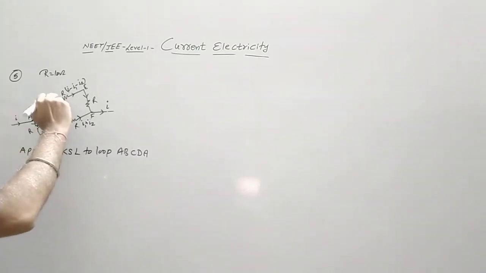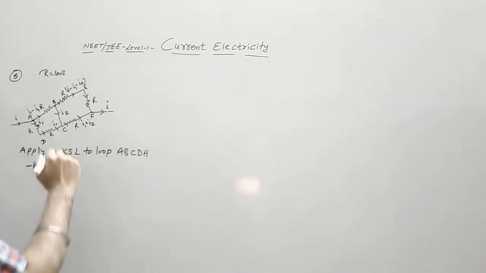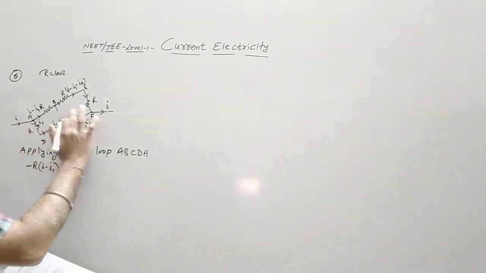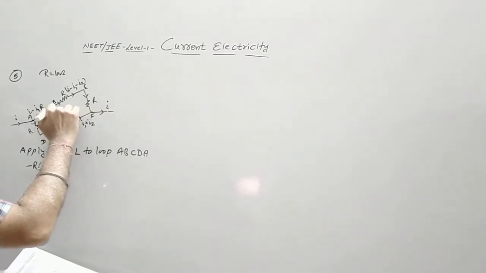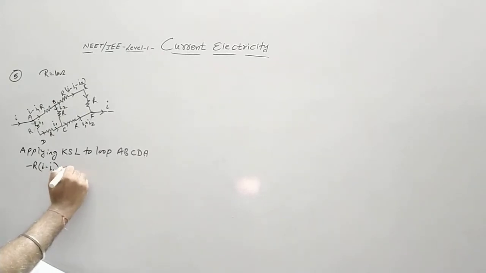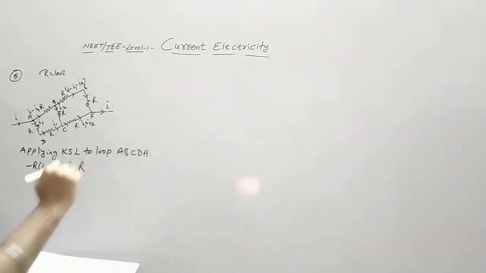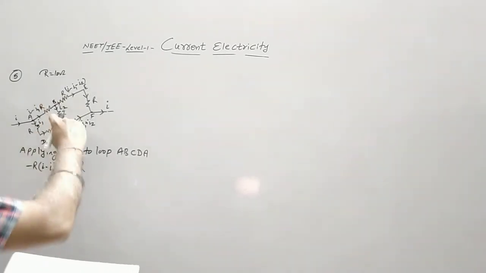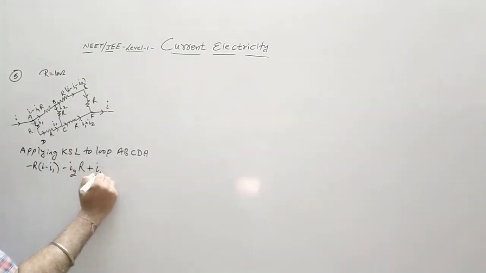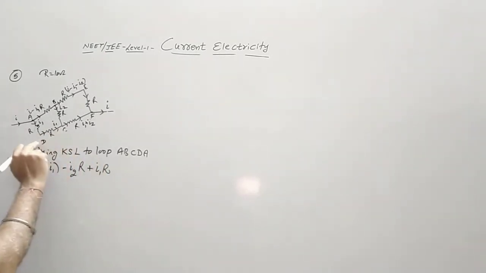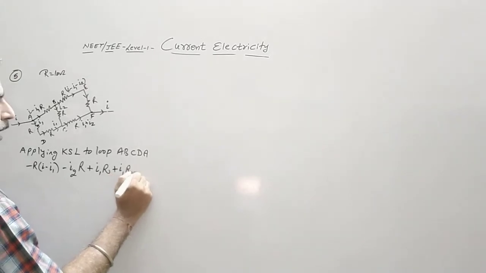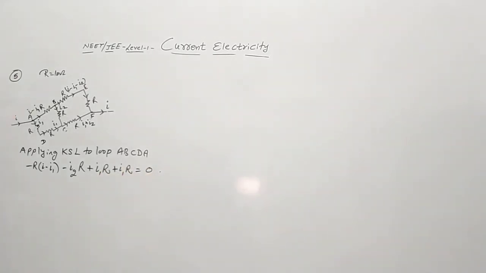Then in the BC arm there is one resistance also, and the current through this is I2. So minus I2R, again moving in the direction of current. Then from C to D, the current is coming from the opposite side, so plus I1R, and D to A, the current is opposite, again plus I1R, is equal to 0.